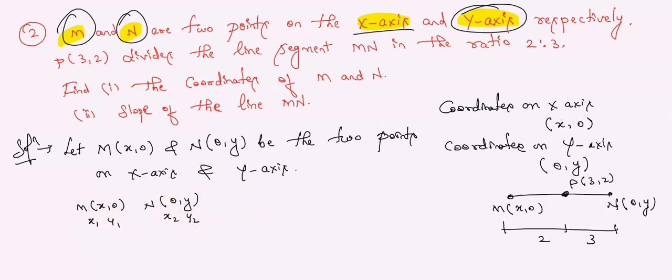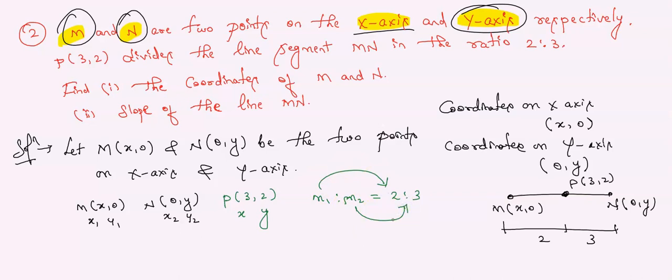And P is the point (3, 2), that is, the value of x is 3 and the value of y is 2. It is dividing in the ratio 2:3, that is m1:m2 equals 2:3, so m1 is 2 and m2 is 3.